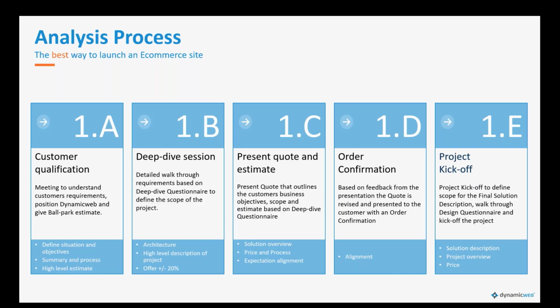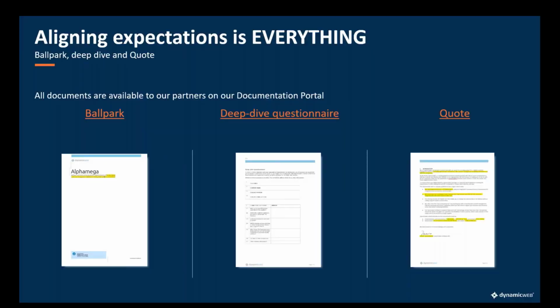So making sure that you follow a process, whether it should look like this or like something else, is not that important, but it's extremely important that you are clear on making sure that we actually have a process and that we follow different steps. What I'm trying to say here is that aligning expectations before you start the project is everything.